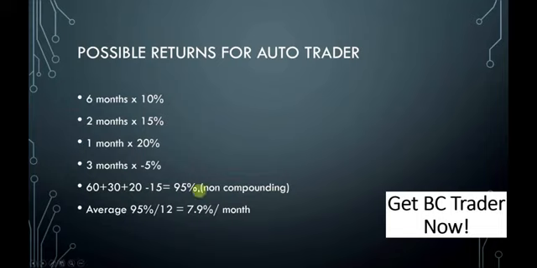So you make about 95% a year, which is amazing actually. And on average, that's about 7.9% a month. This is how much you would make on my very conservative estimation of you losing money. It's only 10% most of the time, and only 1 month it actually touched 20%, and it never ever touched 40%, which is something that was done in the past. So I think these are very conservative figures.